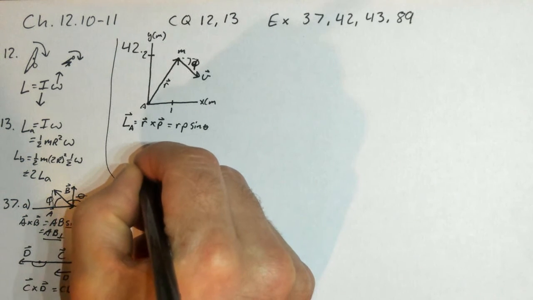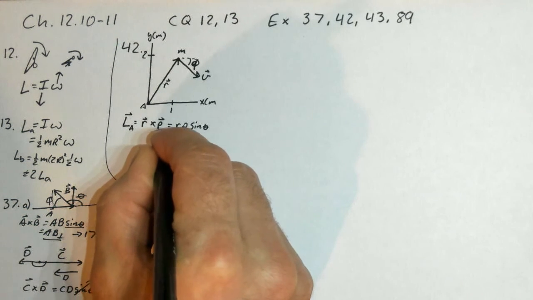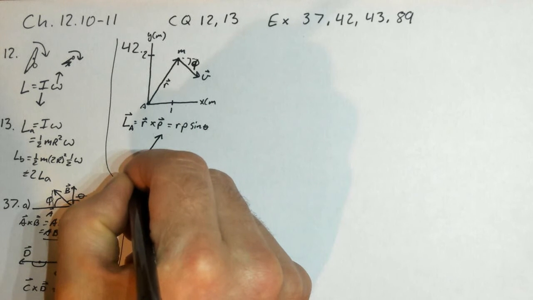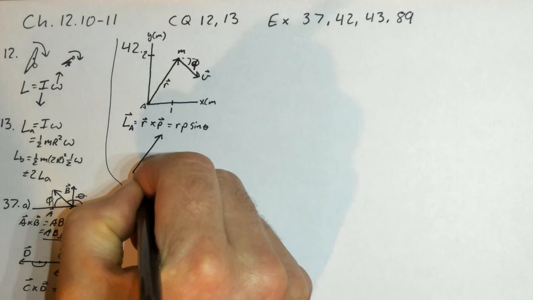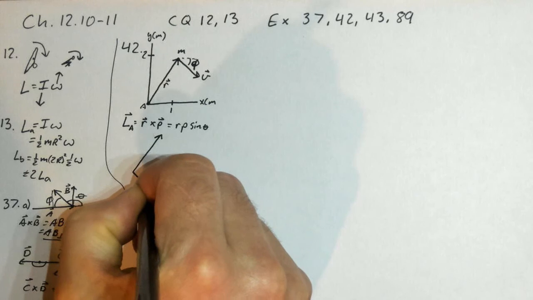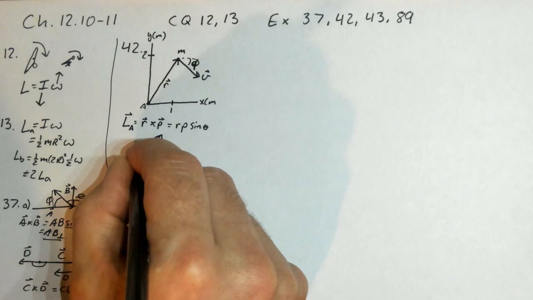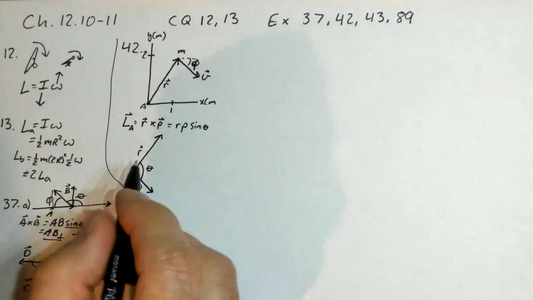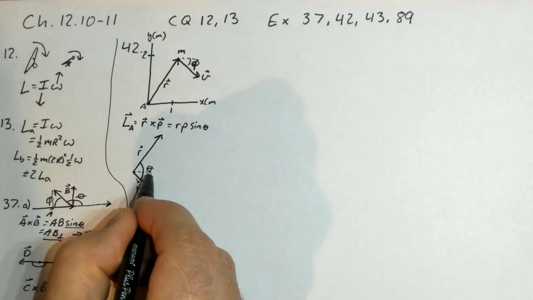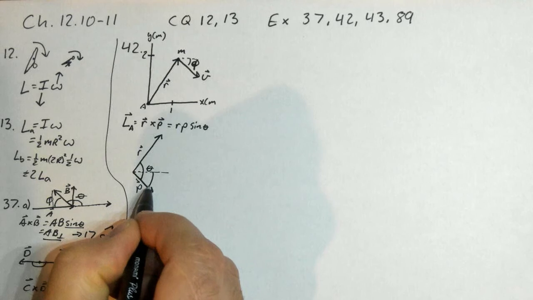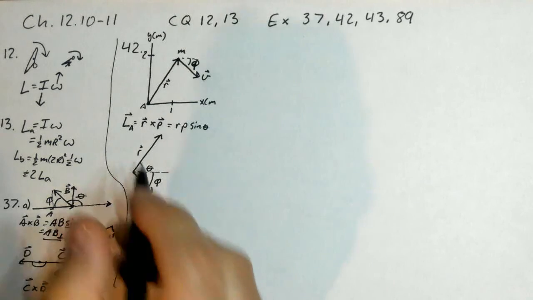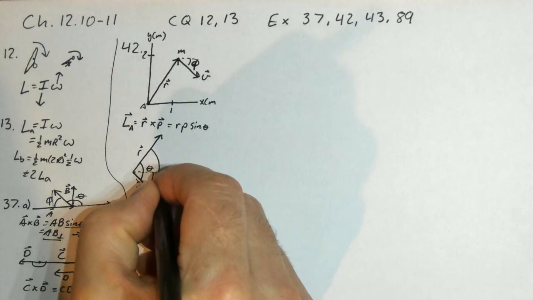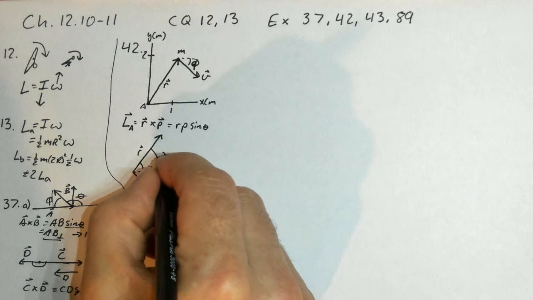I've got R pointing like that, and I've got P like that, and theta is the angle between them, which is made up of this angle and this angle, which I'm going to call gamma.